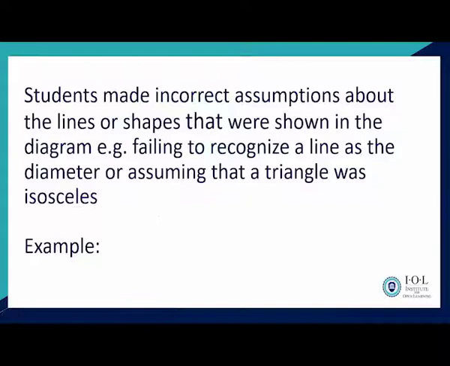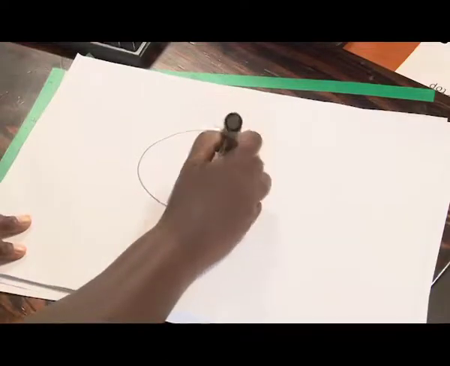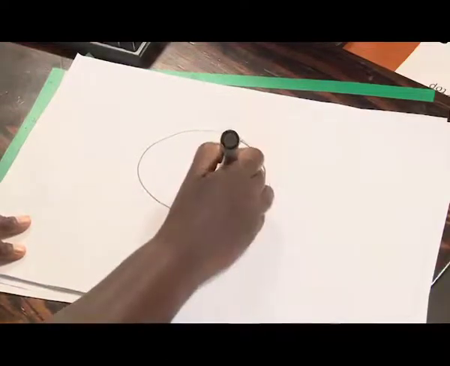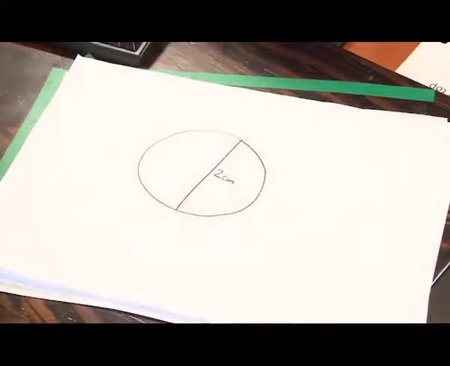Another error students make is incorrect assumptions about the lines or shapes that were shown in a diagram. Let's say you are given a diagram of a circle, and it's given like this, and it says here is 2, maybe 2 centimeters, and it says calculate the area, or any other question that is posed.